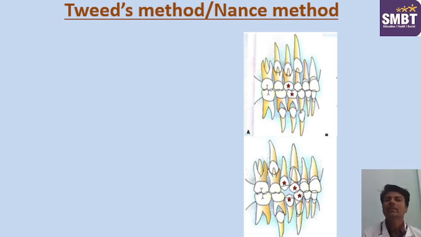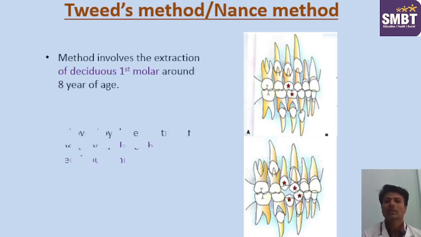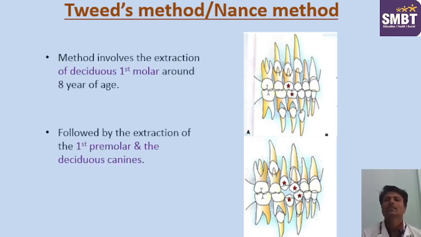The next method is the Tweed method. In Tweed method and Nance method, the sequence of extraction is similar. So what happens in Tweed's method? In this method, we extract the deciduous first molar around the age of 8 years, followed by the extraction of the first premolar and the deciduous canine simultaneously. So the sequence of extraction in Tweed's method is D4C.